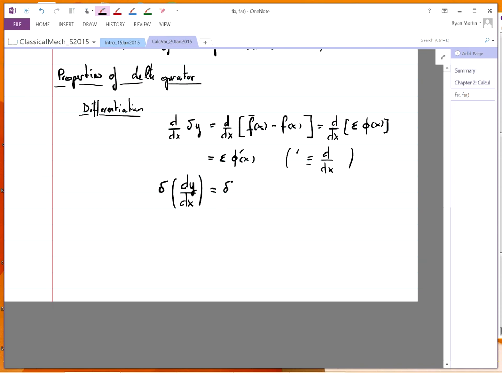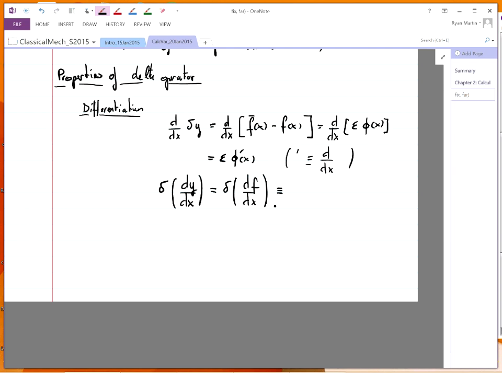So first of all, let's write that in terms of f, so that's the same thing as saying the variation of df by dx. The variation of something is the varied value of the thing minus the unvaried value of the thing.